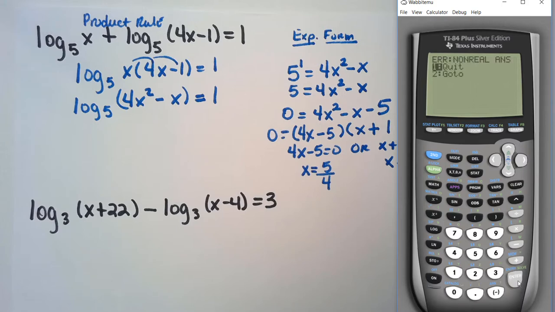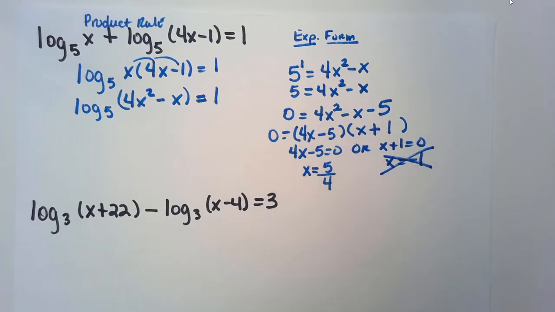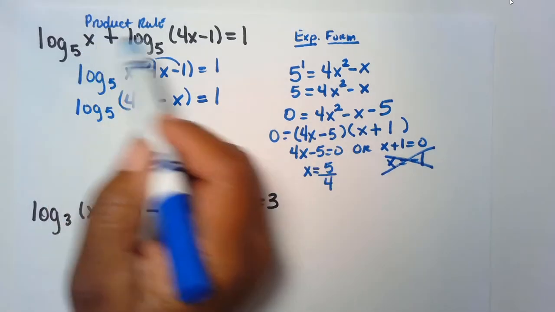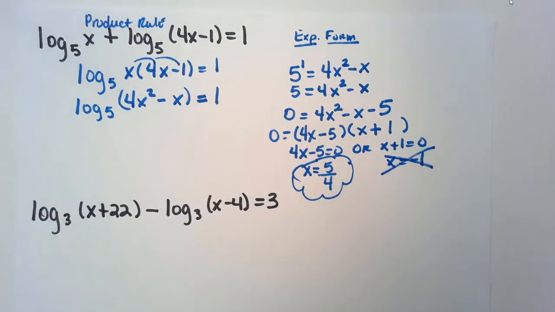It says not real answer. There's an error. Either we can go back to it or we can quit. But if I go back to it, this component, what I'm circling here, if you follow the cursor, cannot be negative. So with me saying that, we're going to reject negative 1 as a solution. Therefore, if we plug in 5/4, it's positive, and because it's positive and it doesn't give us a 0, that will be our solution.